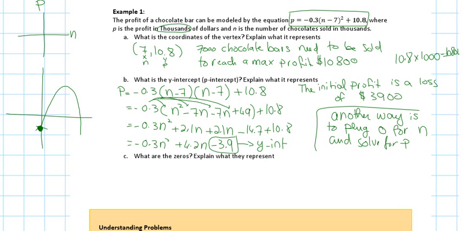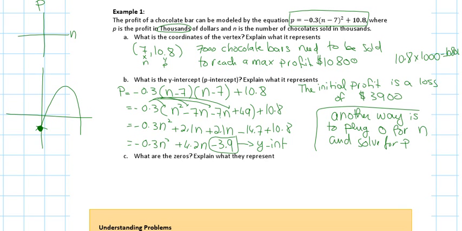Now, what are the zeros? Don't guess, please. What form does it have to be in for me to find the zeros? Factored form.